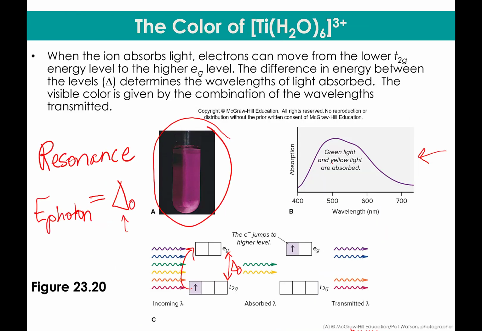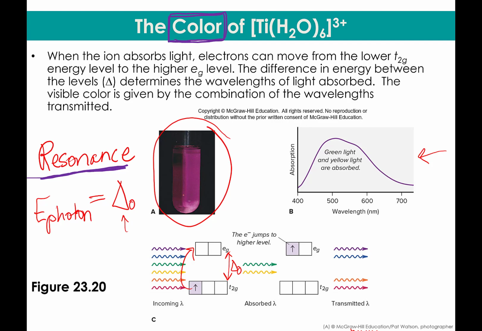In a couple lectures, we're going to talk about how we can use crystal field theory to make predictions about color. So this is really important. This is an example from your textbook, 23.20, of hexaaqua titanium 3+. We need to talk about this resonance condition.